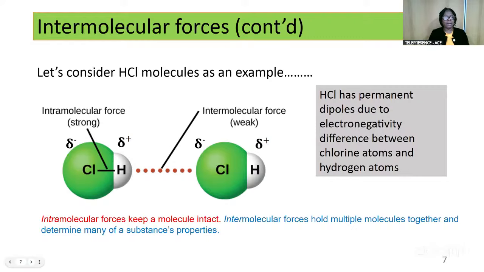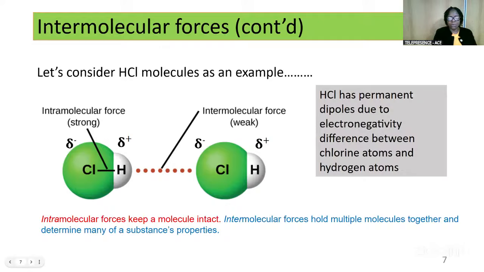For HCl, the chemical bond is what I have marked there as intramolecular force and indicated as very strong, because chemical bonds are very strong. That is what we have between the hydrogen and chlorine atoms in each molecule of HCl.